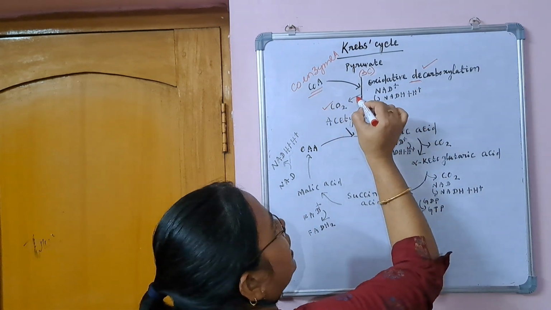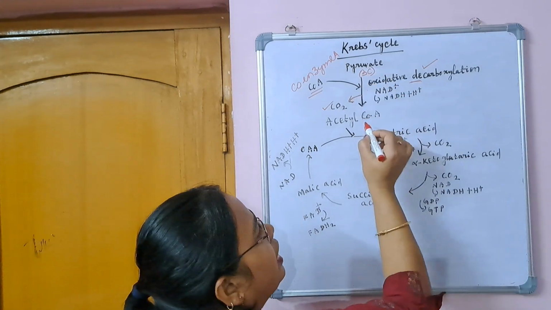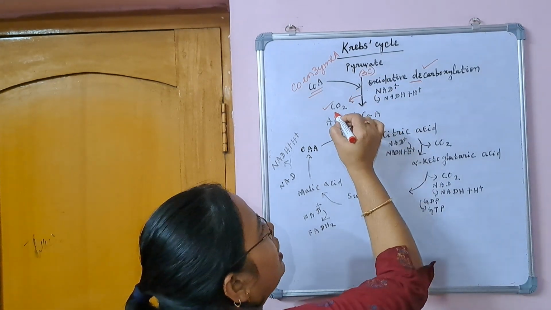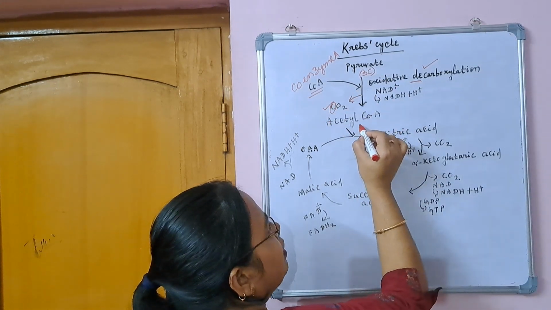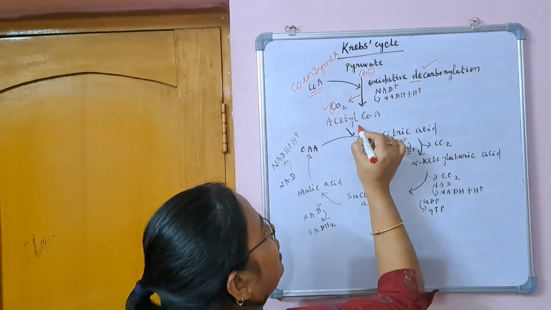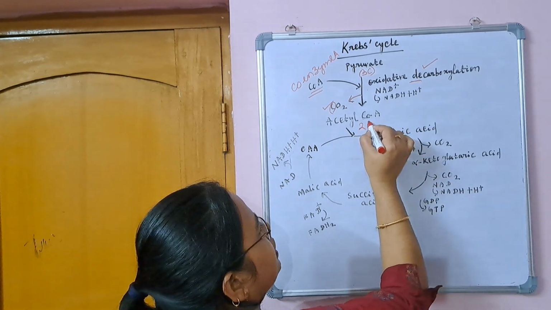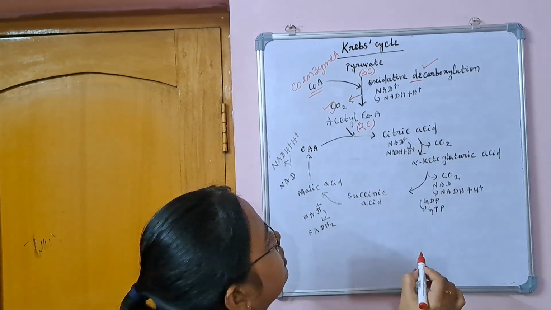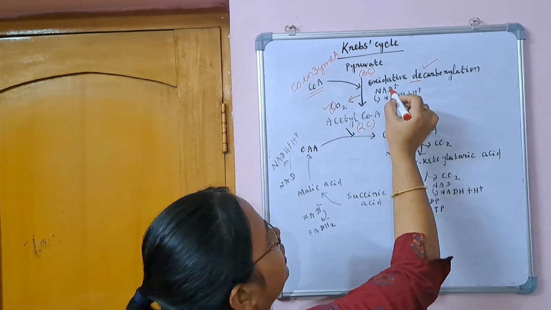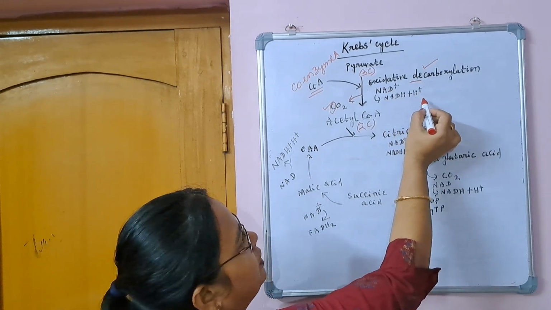Here one carbon dioxide is removed. And whenever one carbon dioxide is removed, one carbon gets removed, and by the addition of coenzyme A, a 2-carbon compound called acetyl coenzyme A is formed. In this step, NAD plus will be converted into NADH and H plus.